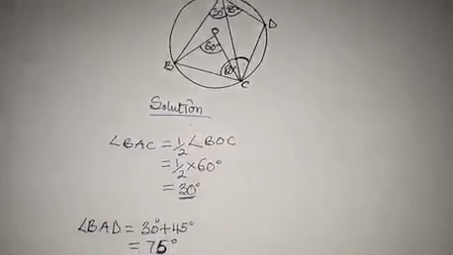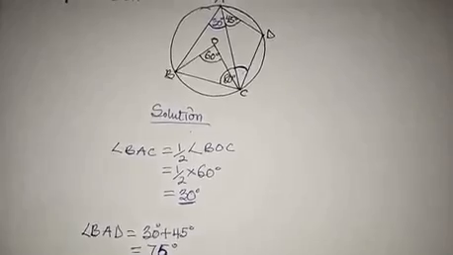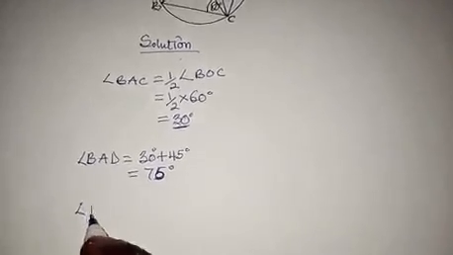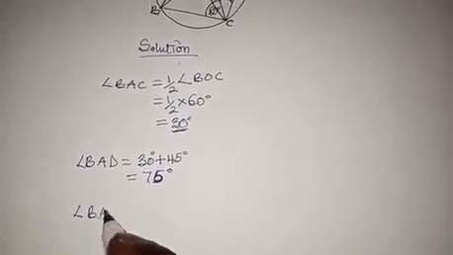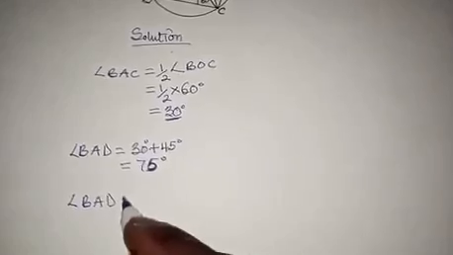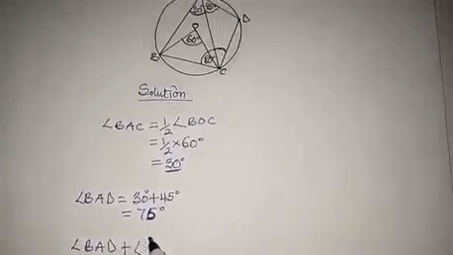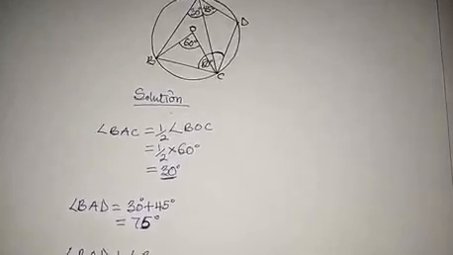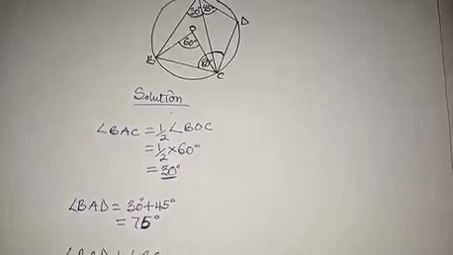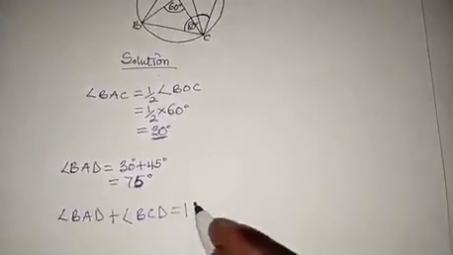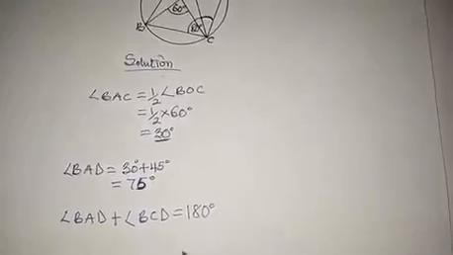So we can say that angle BAD plus angle BCD is equal to 180 degrees.